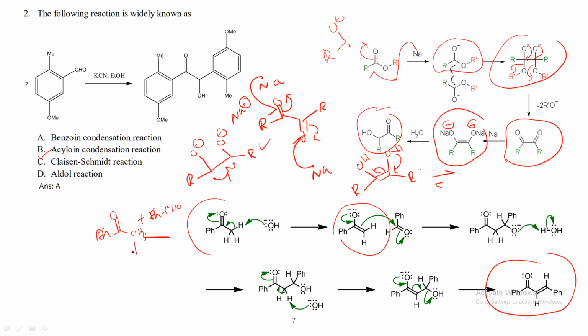This simple reaction is known as the Claisen-Schmidt reaction or Claisen-Schmidt condensation. So now we have known the other reactions also. And for this question we solved earlier, the right answer would be the benzoin condensation reaction.